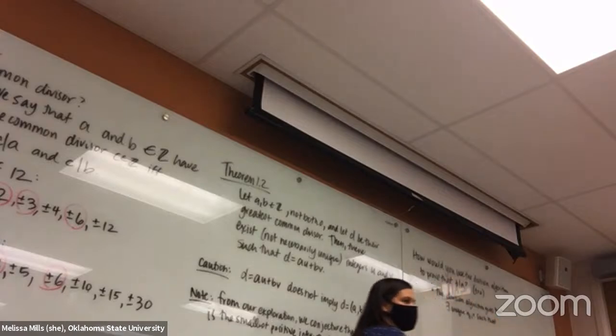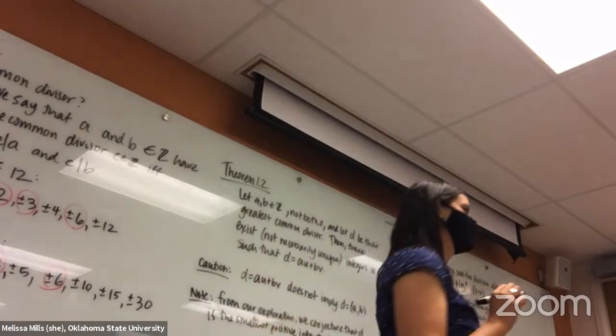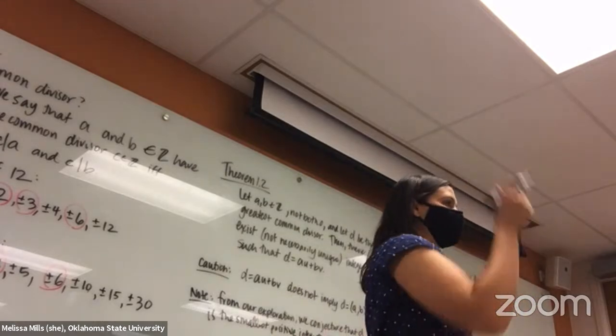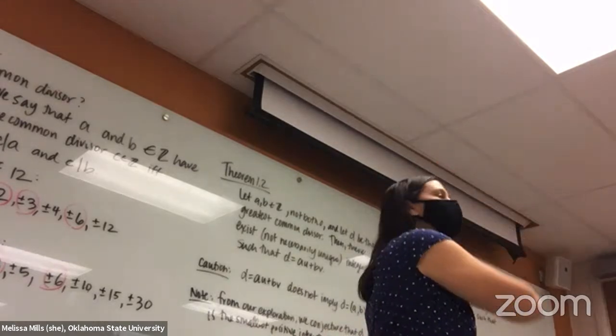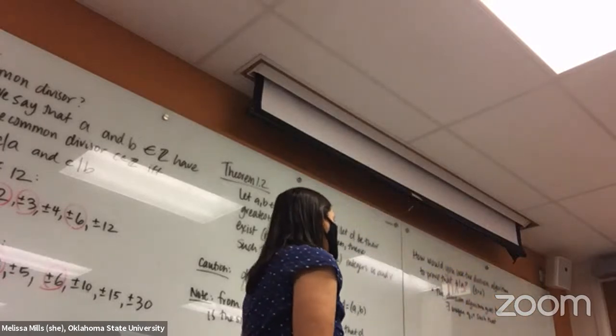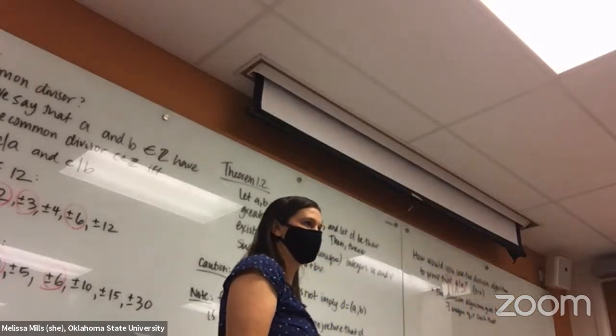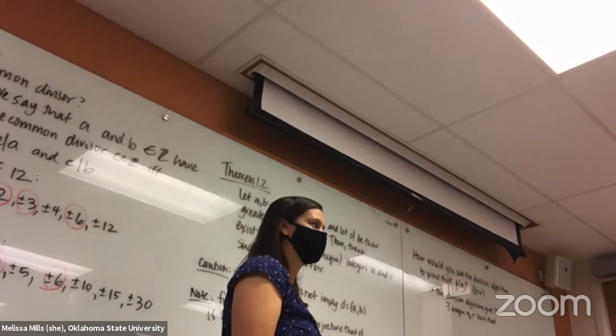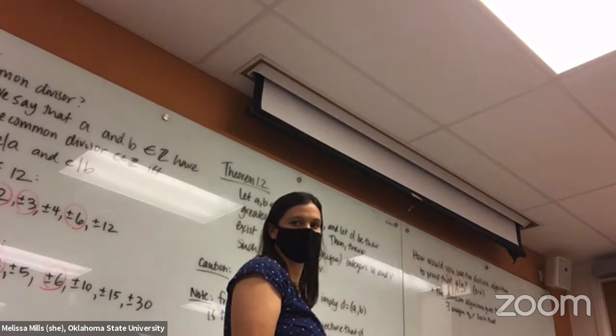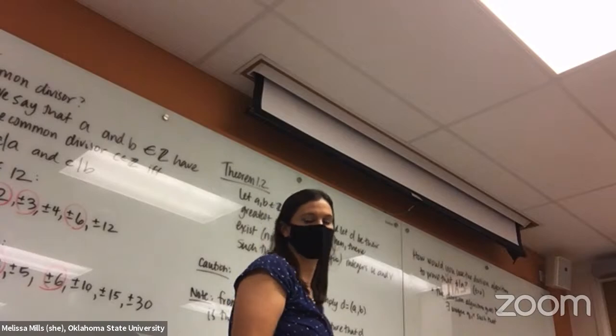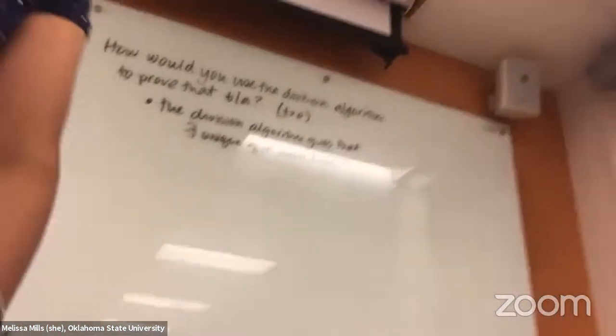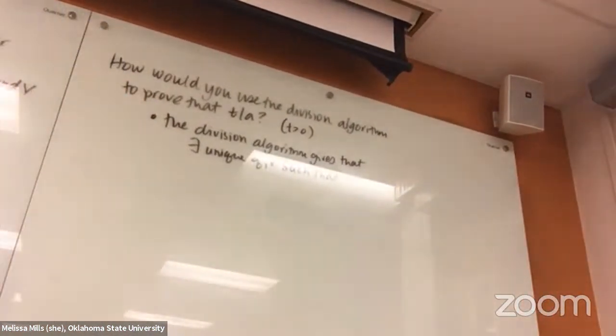I'll give you some time to catch up, and then I want you to write the statement down using the letters we've got. We want to show T divides A. So what does the division algorithm do? Use your T and A and the Q and R put together.